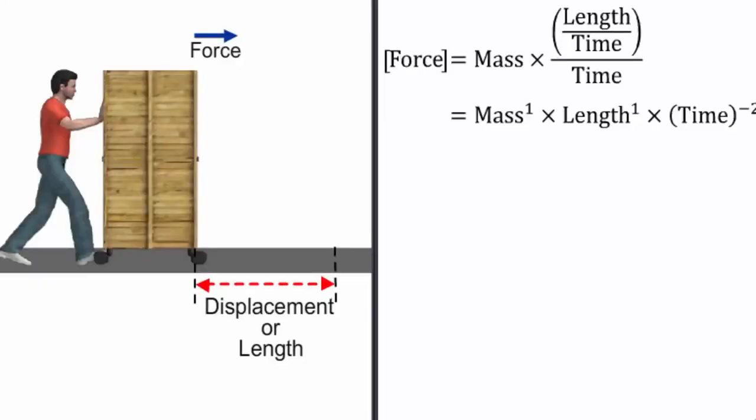The physical quantity expressed in terms of its base quantities is enclosed in square brackets to show that it is an equation among the dimensions of the quantity and not among the magnitudes. Thus we can write the expression for force as [F] = [M L T^-2], as shown.